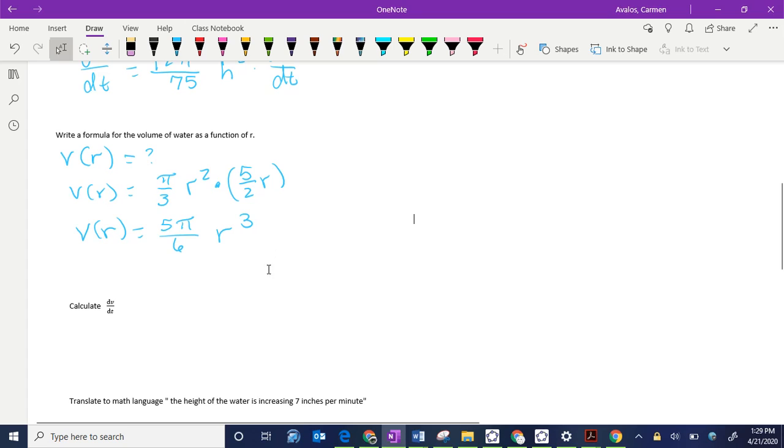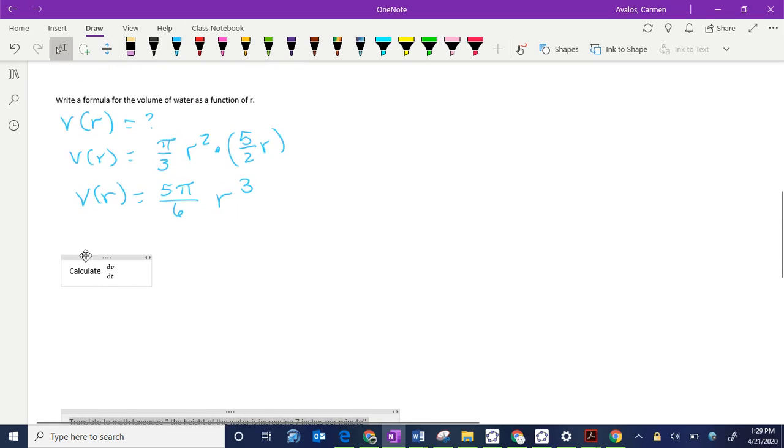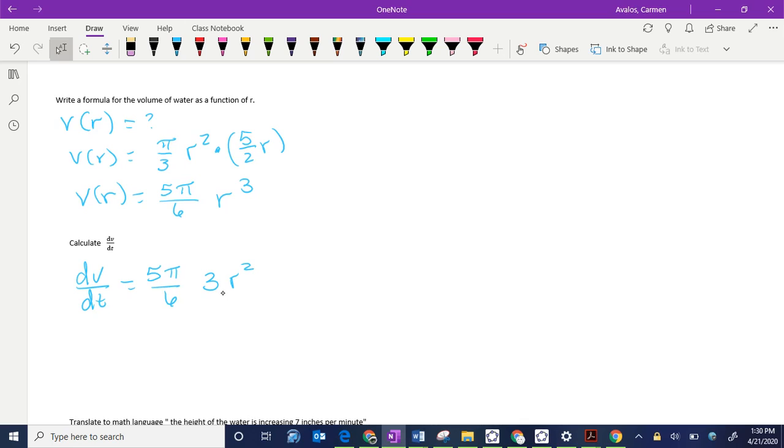So then we're going to go back over here, and then we are going to calculate the dv dt. So we're going to calculate the derivative of this one here. And the way that you do that is that we're going to have dv dt. This is a coefficient, so we leave it alone. And then we take the derivative of that, so that's going to be 3r squared times dr dt.